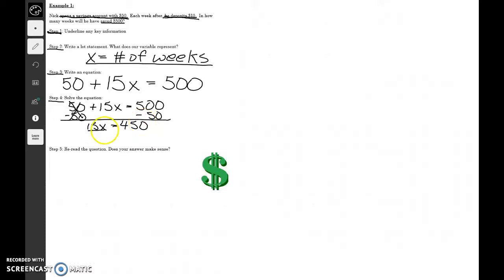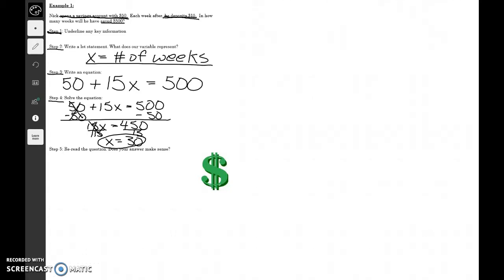Next, we want to divide by 15 on both sides. The 15s cancel out on the left side and leave us x equals, and then 450 divided by 15 is going to give me what? 30. So we can see that x is equal to 30.